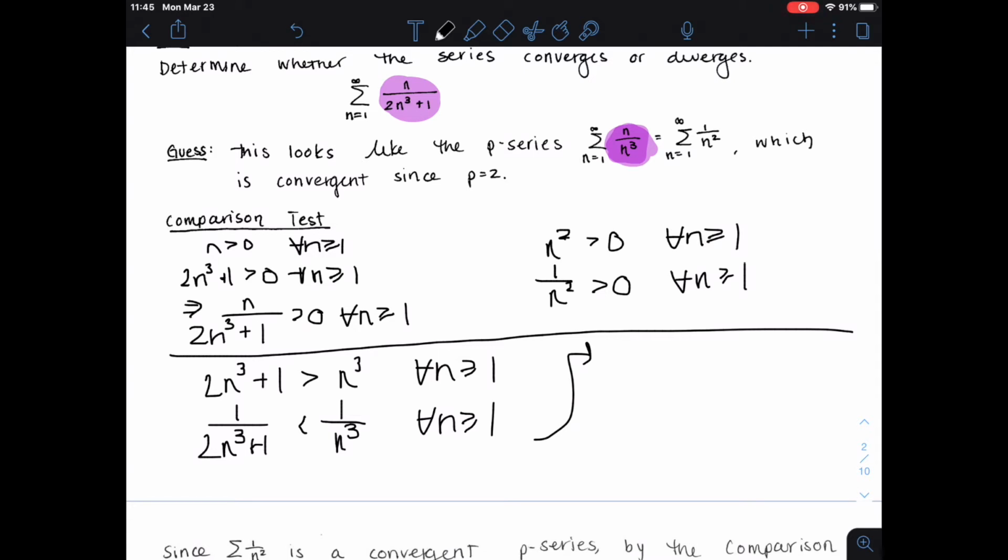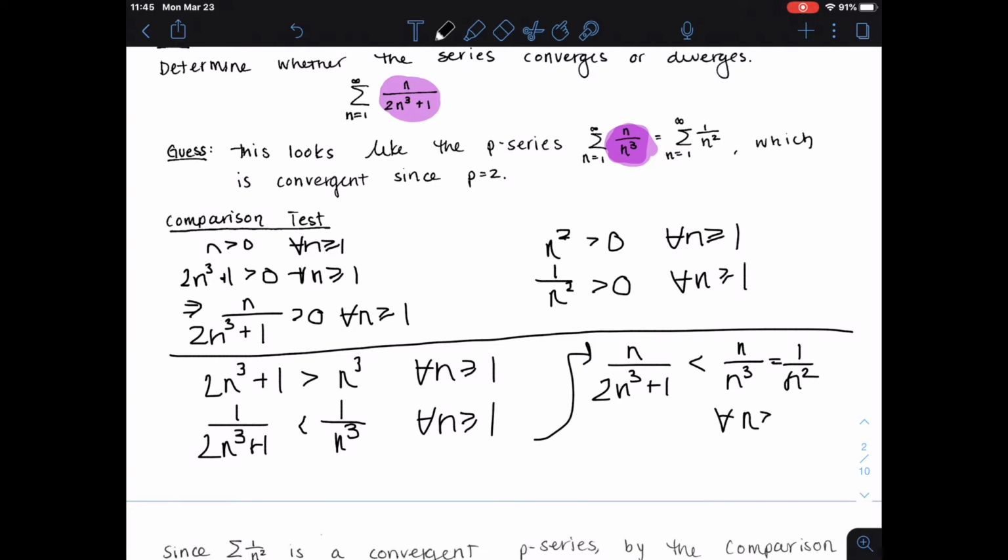Now we need to have an n up top, so this is why comparing it to just 1 over n squared is a problem. You want to take this inequality and multiply both sides by n. So you get n over 2n cubed plus 1 is less than n over n cubed, which simplifies to 1 over n squared.